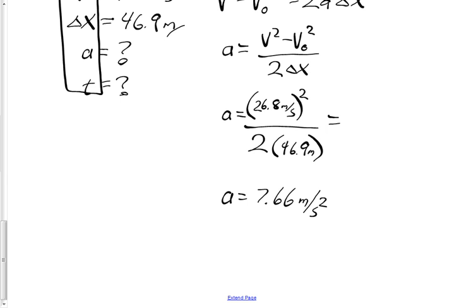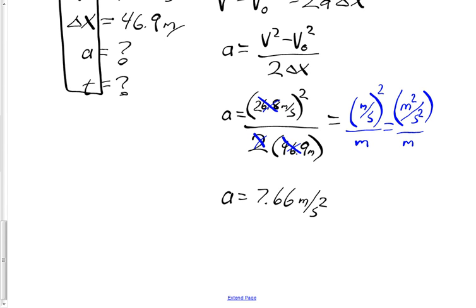This is the same thing. Let me do the math with the units only. So ignoring the numbers, right? I don't care about the numbers right now. I already know what the final answer is in terms of numbers, but the units are going to be meters per second, that's squared, and that's going to apply to everything, divided by meters. So that is the same thing as meters squared divided by seconds squared, and all of that divided by meters.